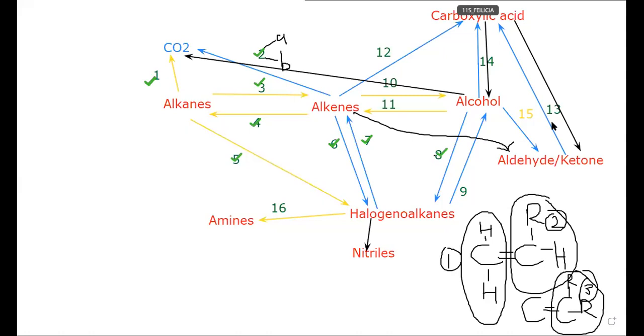For the reagents, it's phosphorus halide, SO halide, and hydrogen halide. You can refer to the last slide on the chapter halogenoalkane. Teacher, I think the other two reagents are PCl5 and SOCl2. Now, this one can be called phosphorus halide because it can be any halide.